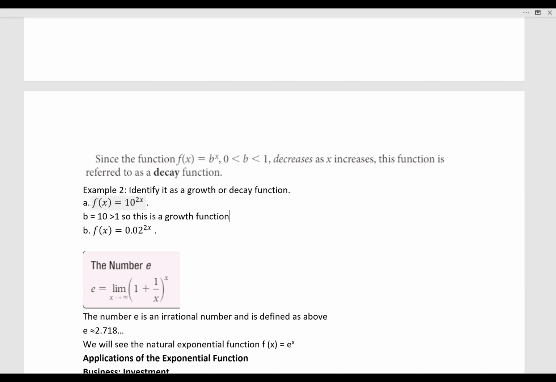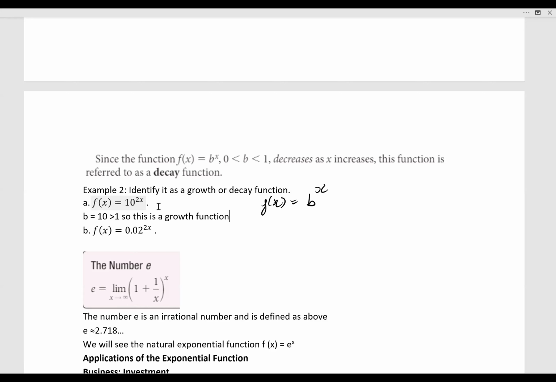Remember that the form is f(x) equal to b to the power x. So the power in here is not a negative number, like negative x or something.